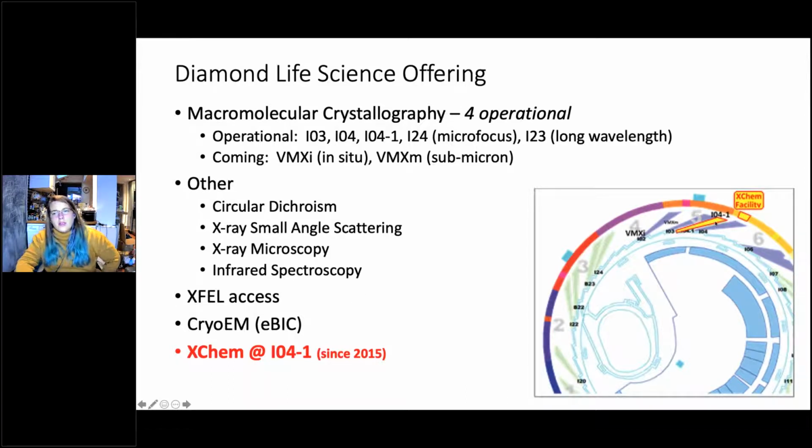So these beamlines are experimental stations that come off the main ring. The particles are accelerated around the ring, and then we use magnets to bend the light off into these experimental stations and use the wavelength of light at a specific point to perform different types of experiment.